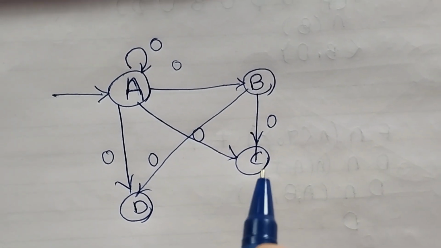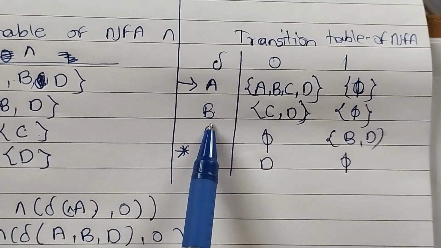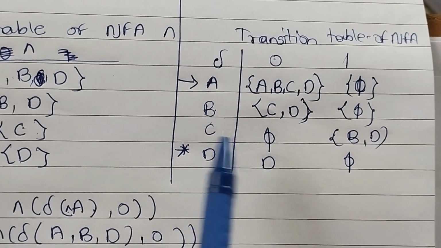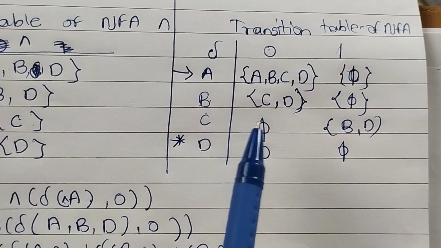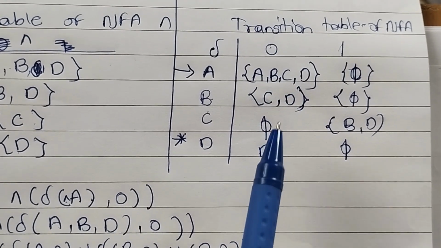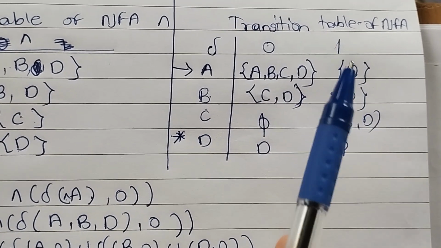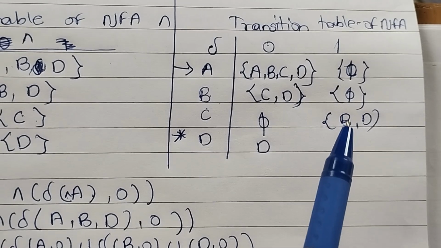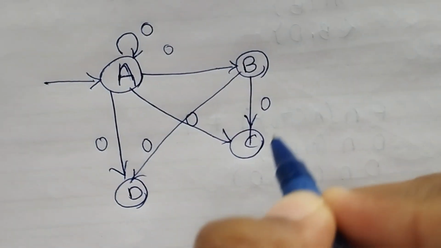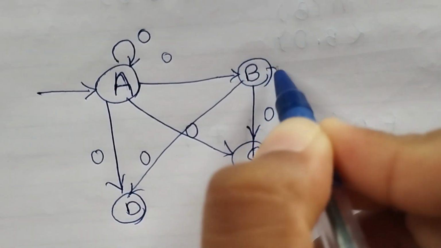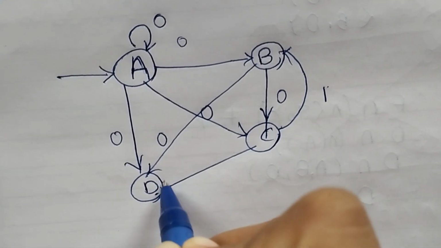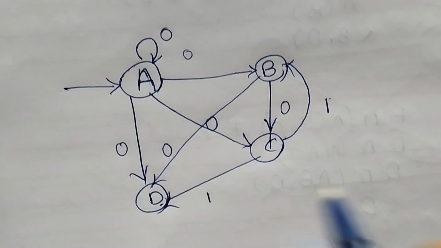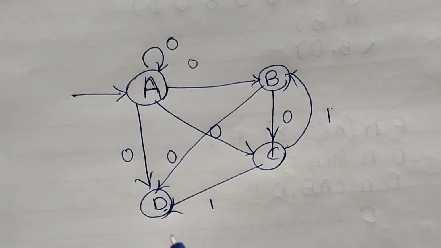Now we see C. C reads 0 to null and C reads 1 to BD. So we do not draw 0 now because this is null. We draw 1 for C, and it transfers to B and D. Now the D state.